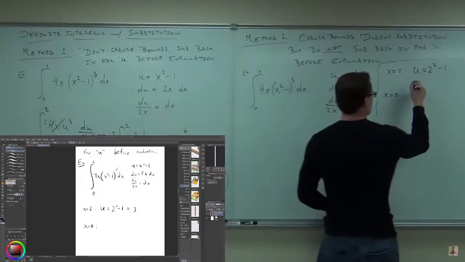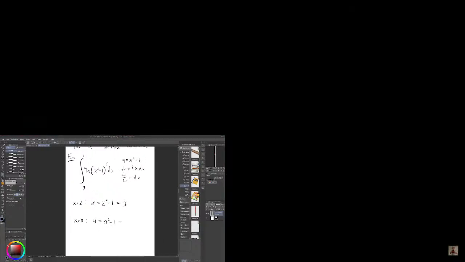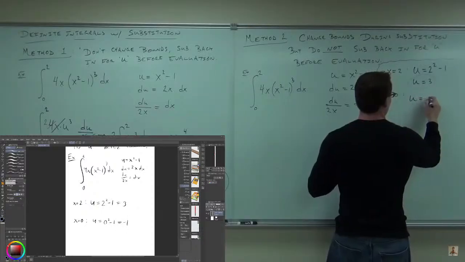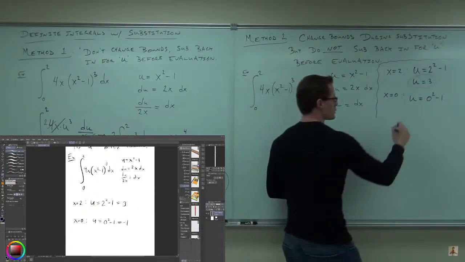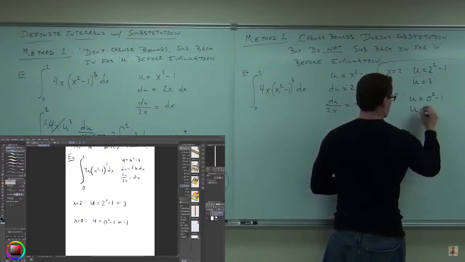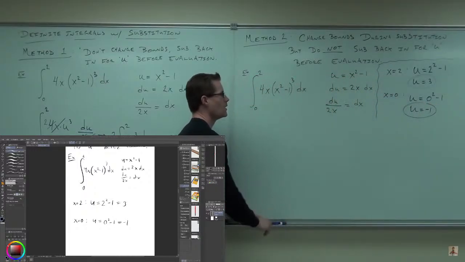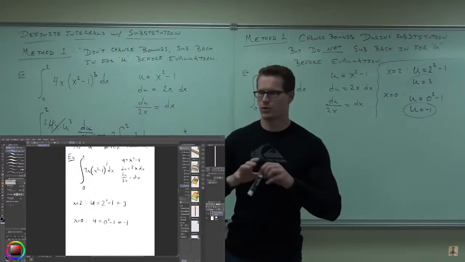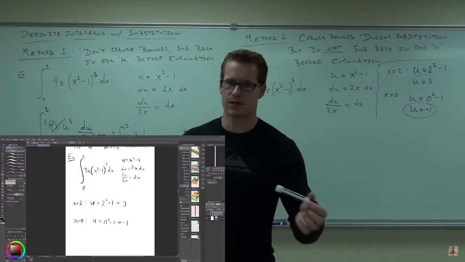And u is going to equal what? 3. If x equals 0, u equals 0 squared minus 1. Very good. Well, now we can make a substitution with everything, and the bounds will match the variable, which is nice.